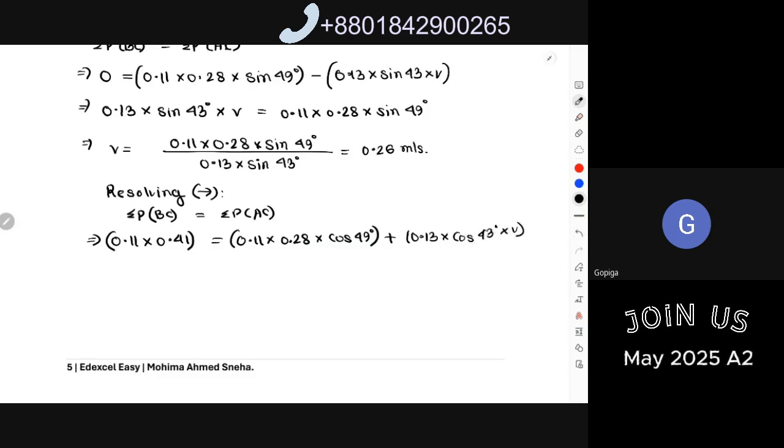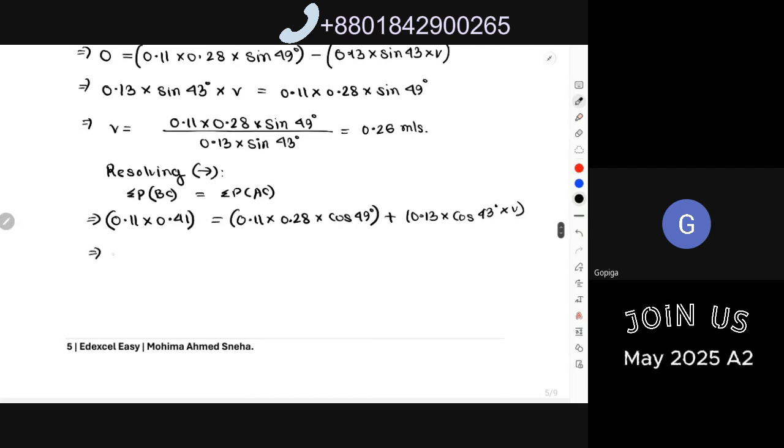times velocity. Now from this part, if I just make velocity the subject, this is going to be 0.11, 0.41 minus 0.11, 0.28 cos 49 divided by 0.13 cos 43 degree.